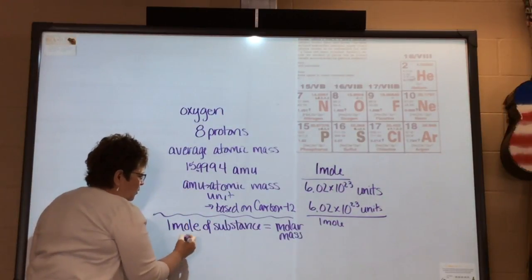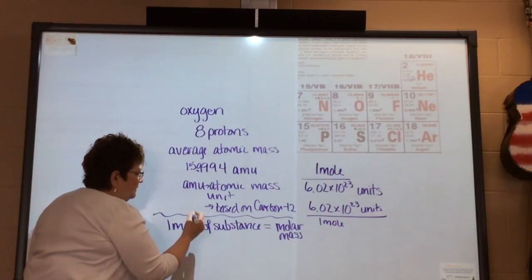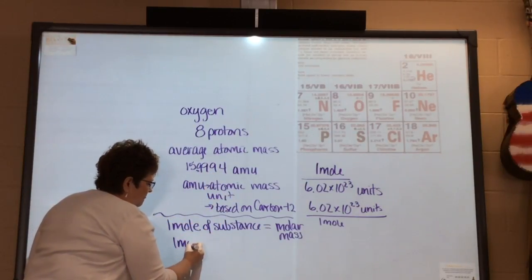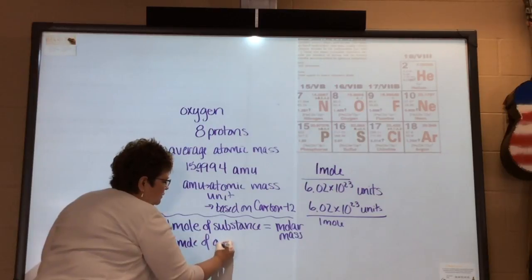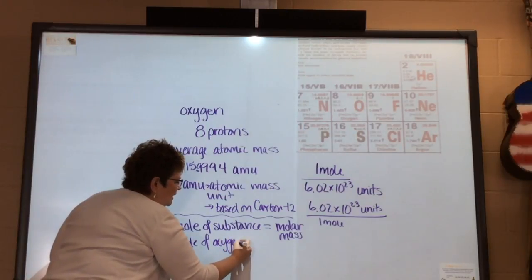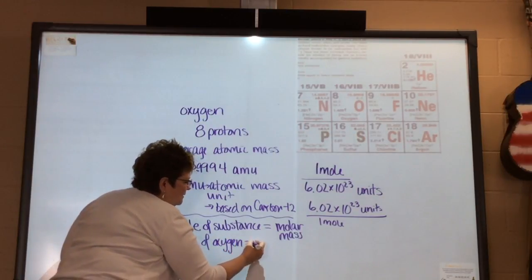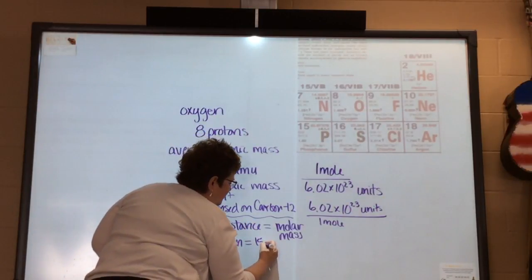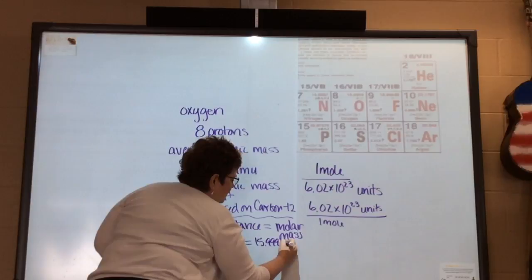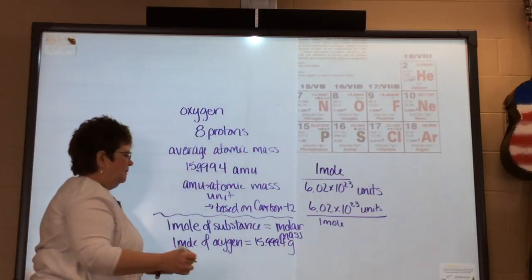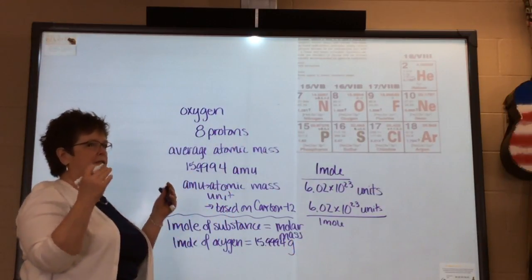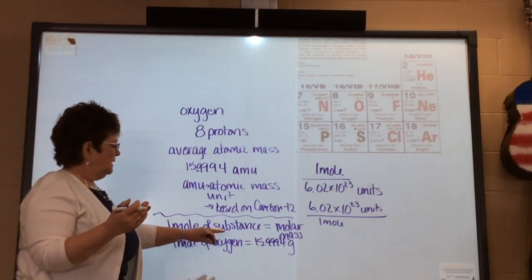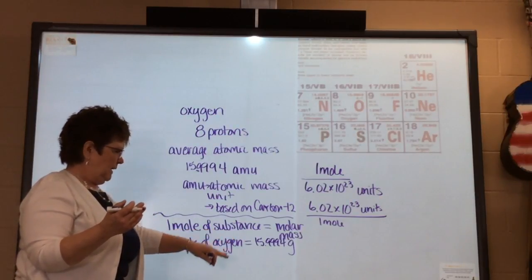We know that 1 mole of a substance is the mass of the AMUs adjusted to grams. So 1 mole of oxygen actually has a mass, at standard temperature and pressure, of 15.9994 grams. No new numbers to remember, same tool we get to use, but now we know that 1 mole of oxygen is that many grams.